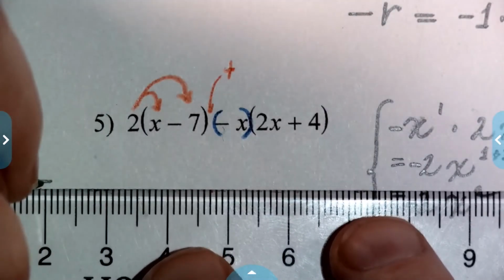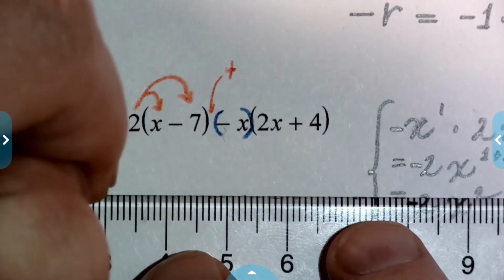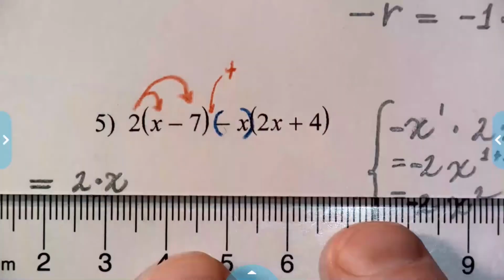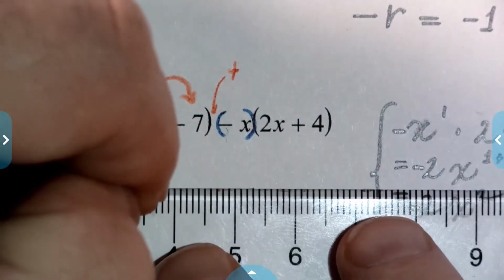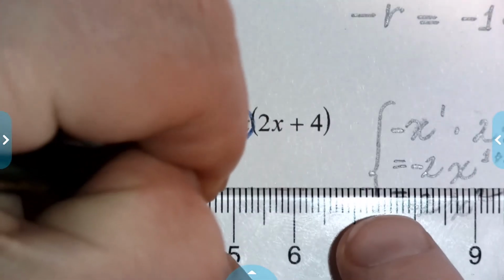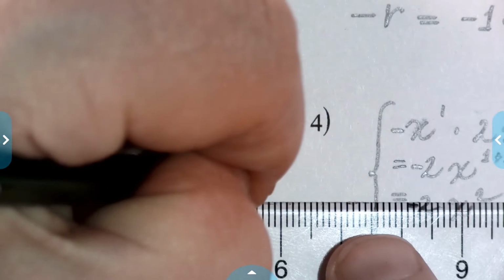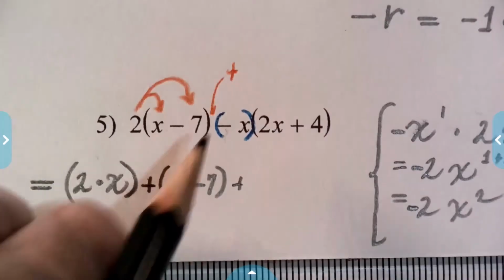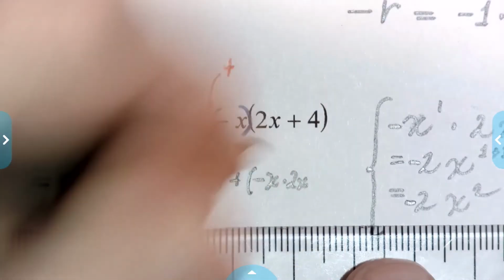We have 2 times x plus 2 times negative 7 plus negative x times 2x plus negative x times 4.